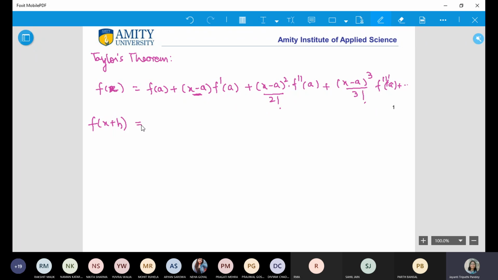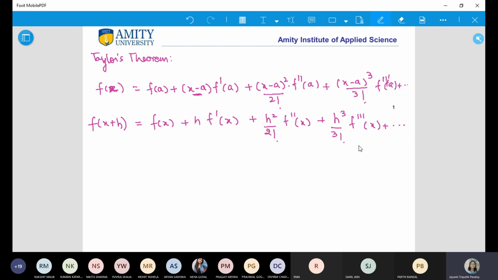So this can be written as f(x) plus h f'(x) plus h square upon factorial 2 f''(x) plus h cube upon factorial 3 f'''(x), and so on. I want you to note this down also. This is also a way of writing f(x).